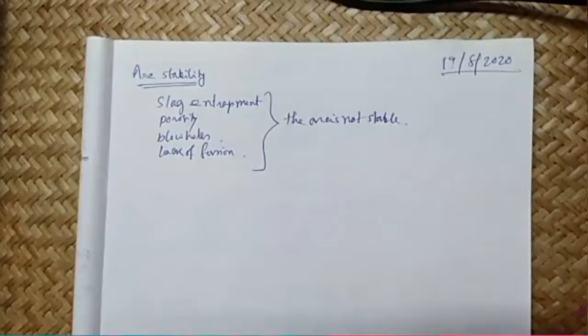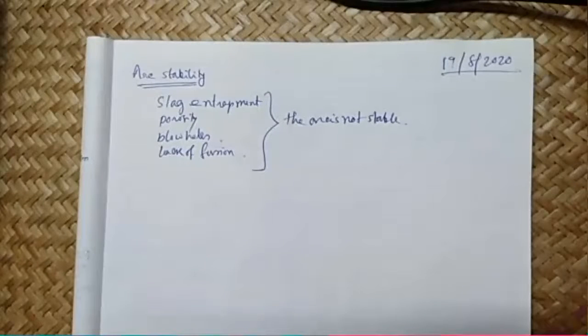So the continuous and proper emission of electrons from the cathode and thermal ionization of the arc column should be ensured. So what we have to do?